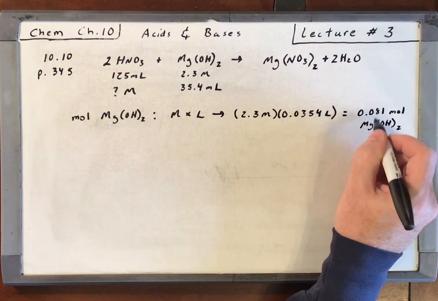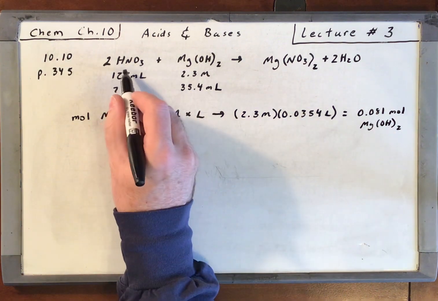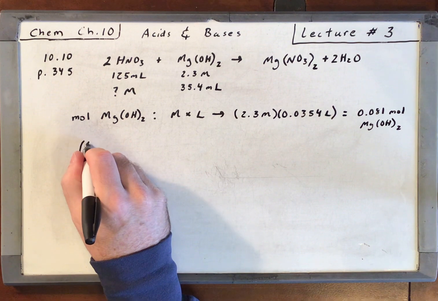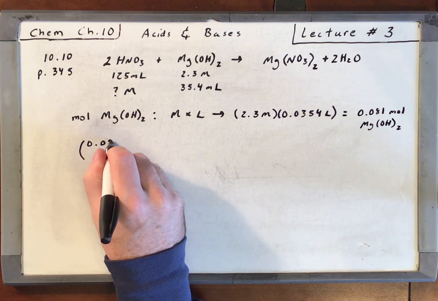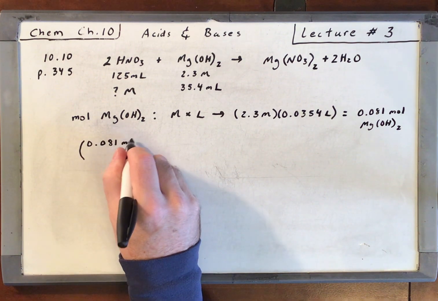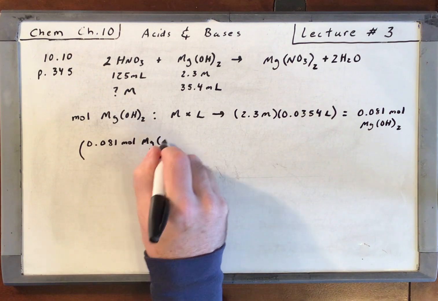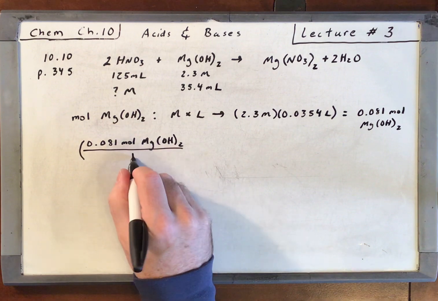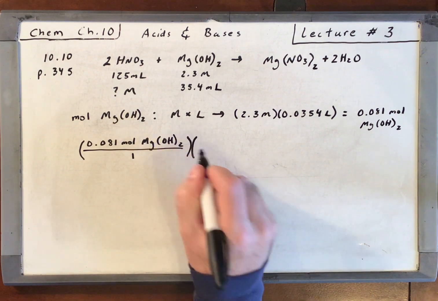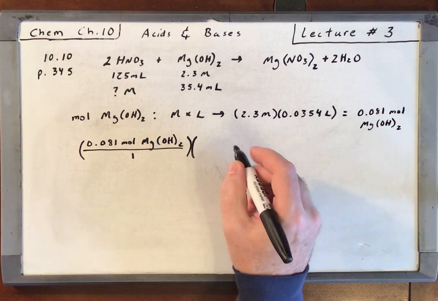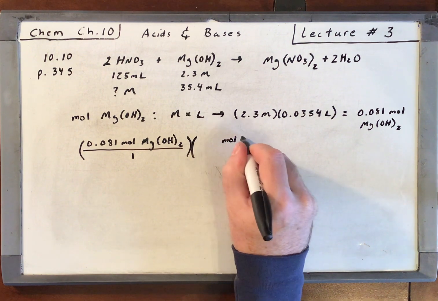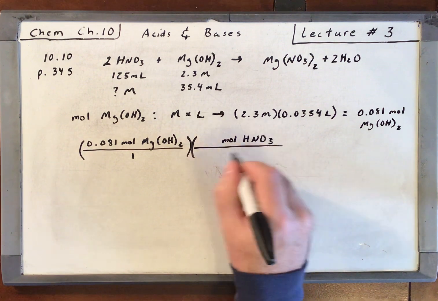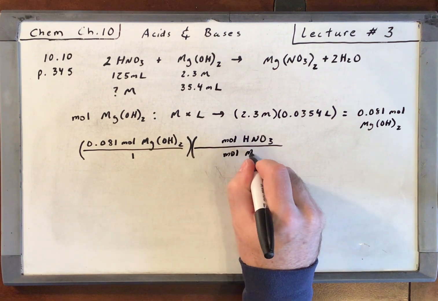Now we're going to go to stoichiometry. We know the moles of magnesium hydroxide. We need to get moles of HNO3. So just a two-stepper. Always a two-stepper with stoichiometry. Right, going from moles to moles. So this is why we need that balanced equation. We're going to moles of HNO3, getting rid of moles of Mg(OH)2.